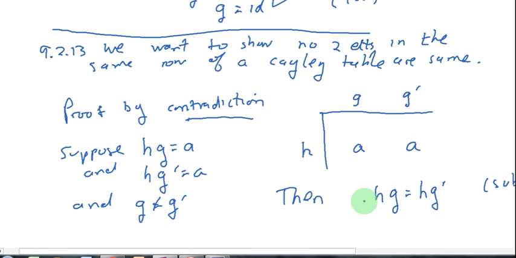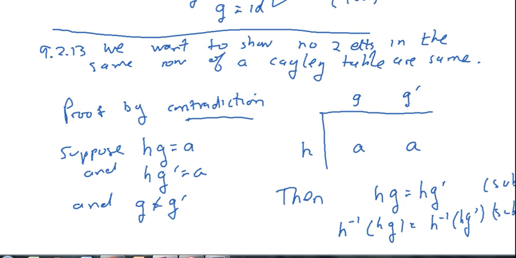Now, we can multiply by H inverse on the left on both sides. And we can also call this by substitution. Sorry, I keep running off the edge there, don't I? But I think you can see the important part. Let me move it down.